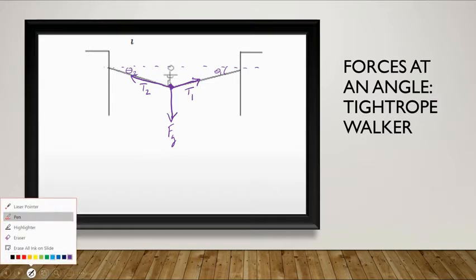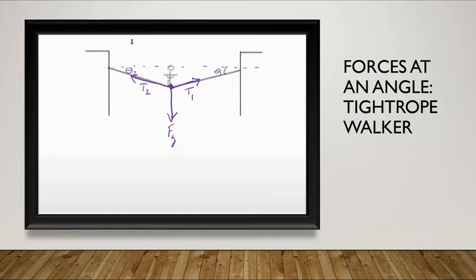Now, tension 1 and tension 2 can be broken down into their components. In this case, we have our tension 1 in y. And what's that equal to? Well, that's equal to tension 1 sine theta 1. Then we have our tension 2 in y, which is equal to tension 2 sine theta 2.